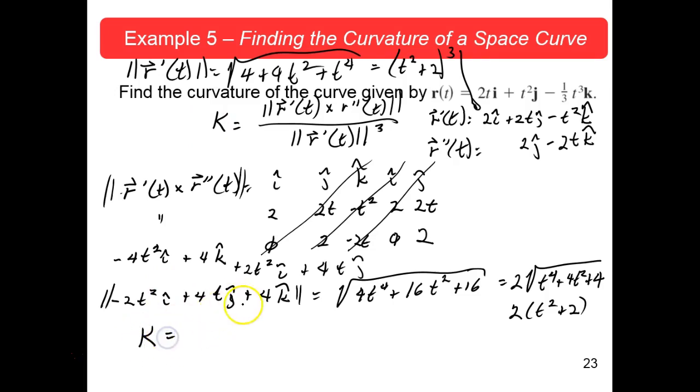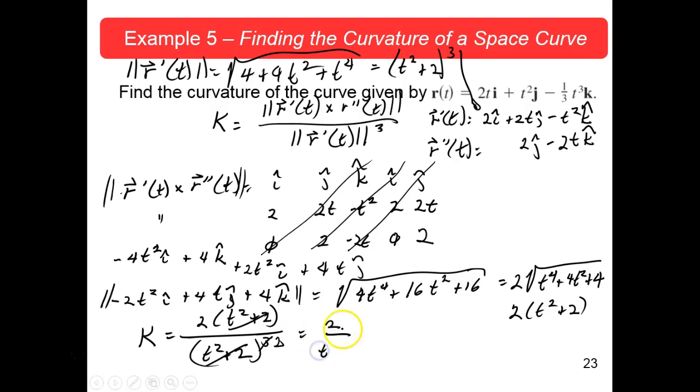K is equal to 2 times t squared plus 2 divided by t squared plus 2 cubed. Well, one of these will cancel out there, and you're left with 2 over t squared plus 2 squared.